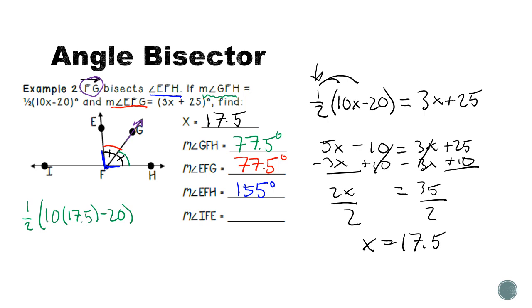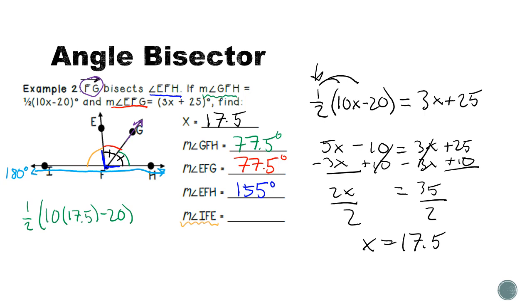This last one might get a little tricky. Remember, we want the measure of angle IFE. That's this angle here. We've got on our screen a straight line, IFH. Recall that the degree measure of a straight line is 180 degrees.